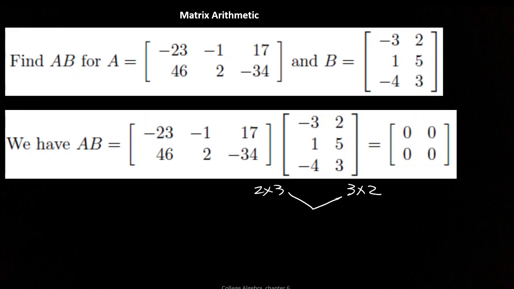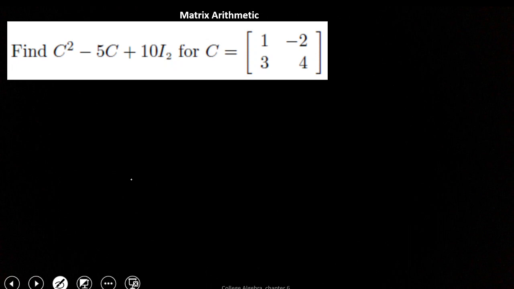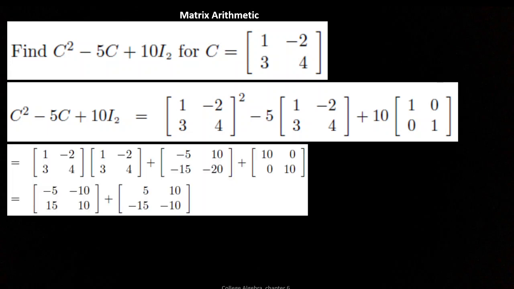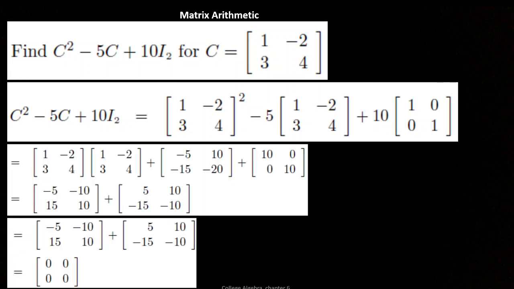So these two numbers are the same. We can multiply, and the answer is 2 by 2. All right. I'm going to let you do this yourself, look at it, and I'm going to wait for a few seconds so you can stop and look at this and make sure it makes sense.